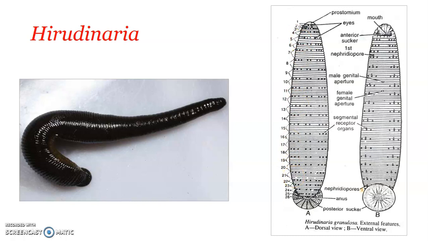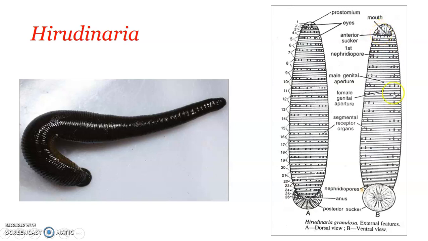Okay. Now, as we have already mentioned, we have the suckers. The anterior sucker is otherwise known as the cephalic sucker, and it comprises the prostomium and 3 body somites or segments. It is oval in outline with a ventrally directed pre-oral chamber, at the bottom of which lies the mouth opening.